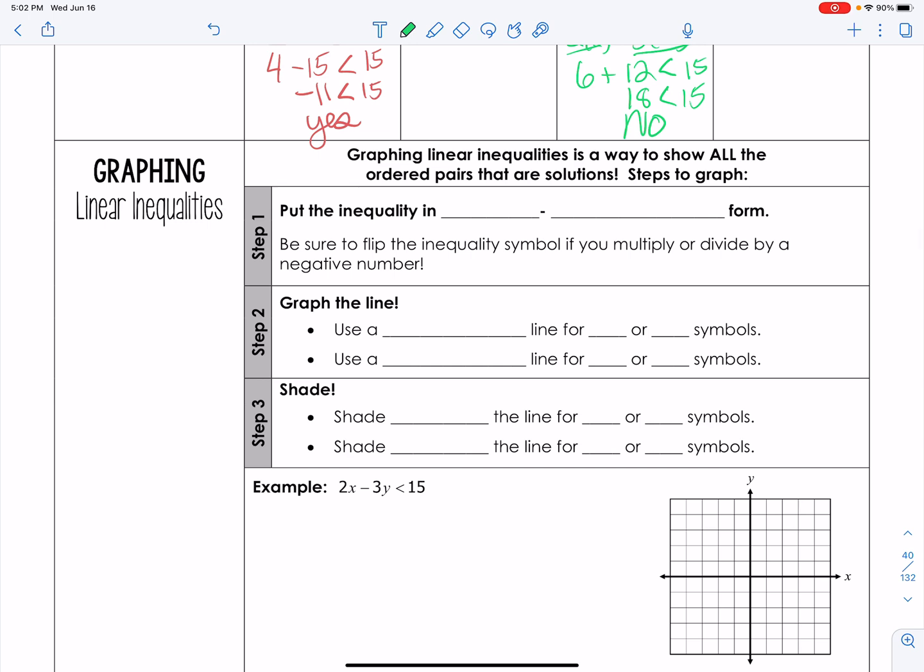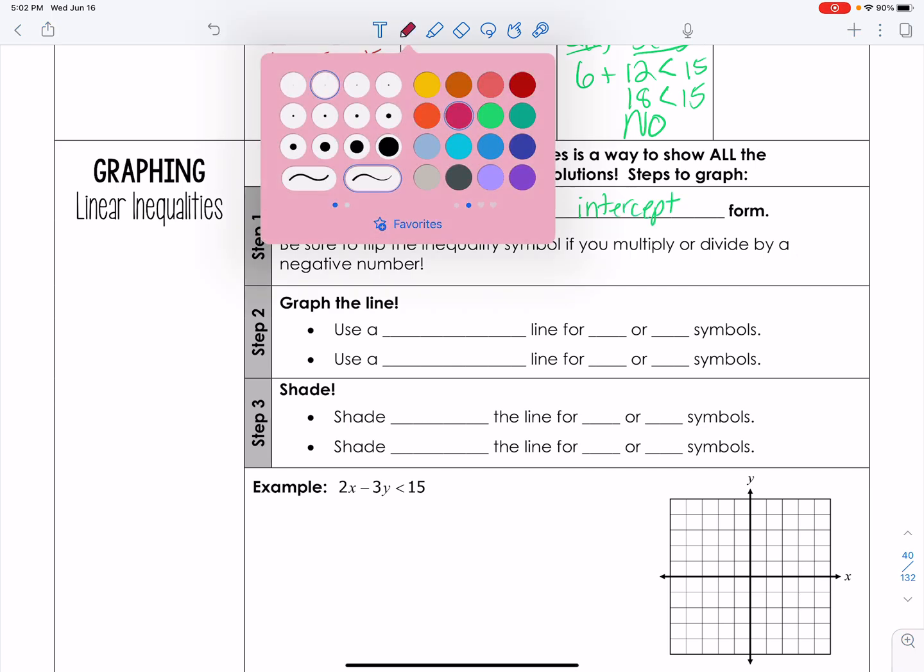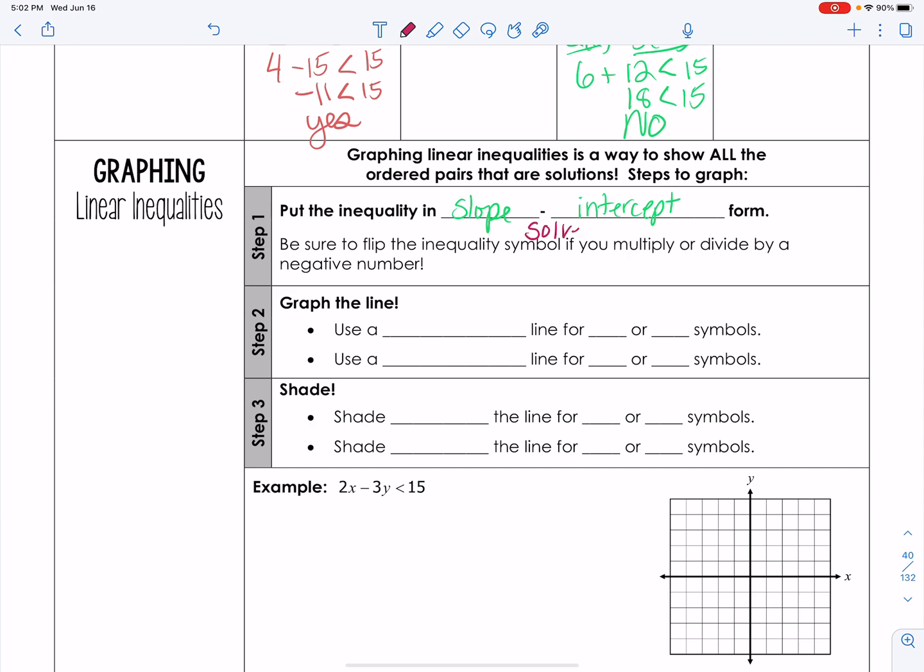You're going to put the inequality in slope-intercept form, which means, remember we've been doing this for a couple of days, that means you're going to solve for y, okay? Then you're going to use a solid line if it has an equal to sign underneath it, and you're going to use a dotted line if it doesn't, okay?